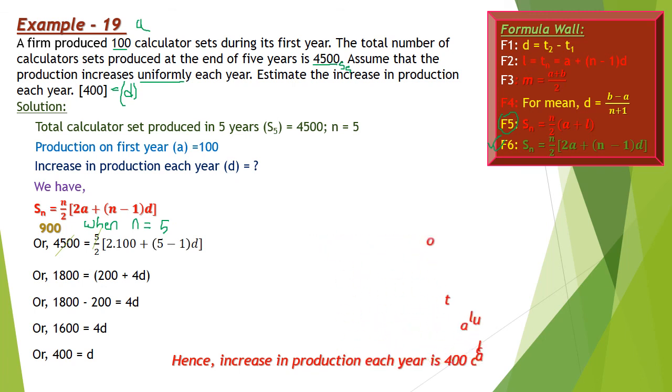Each year, the production increases by 400. First year it was 100, second year it is 500, third year it is 900. In this way, the series develops.